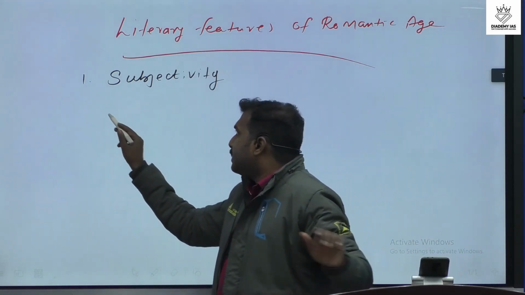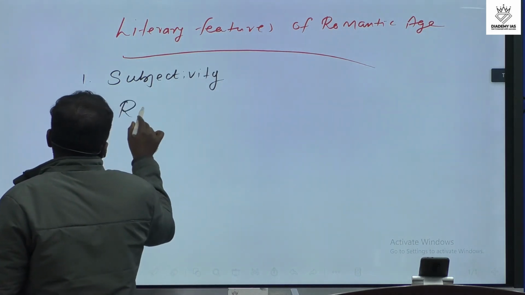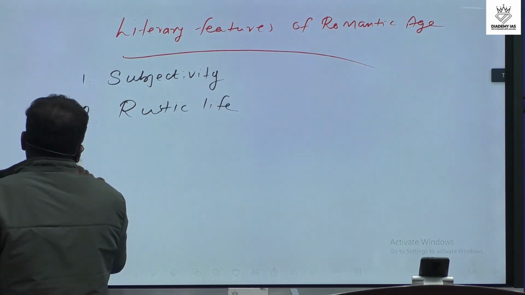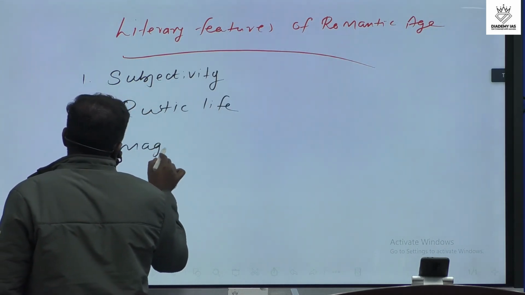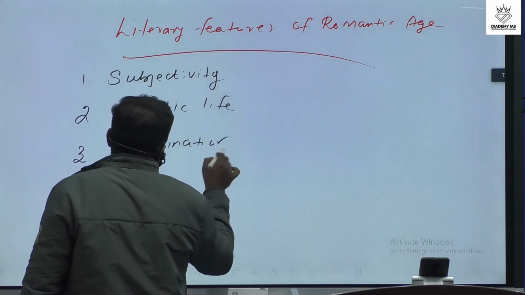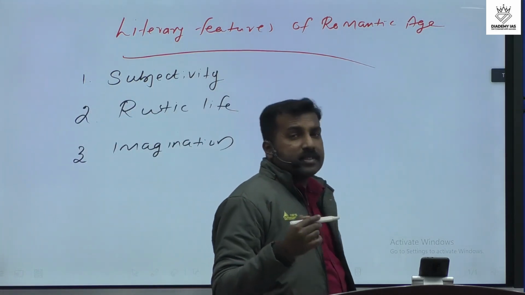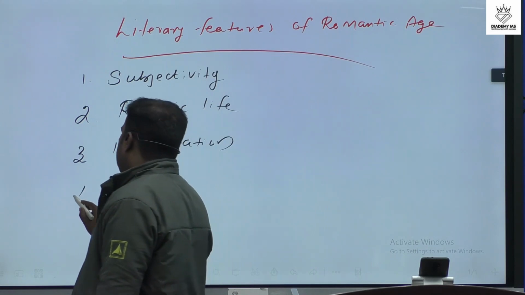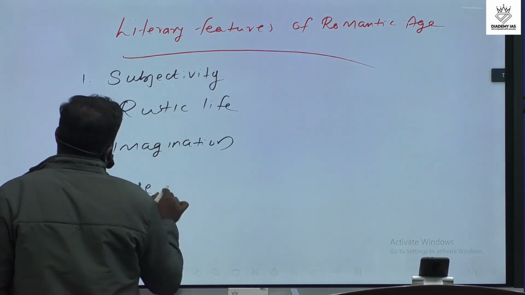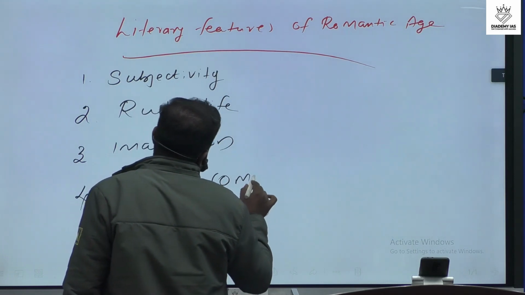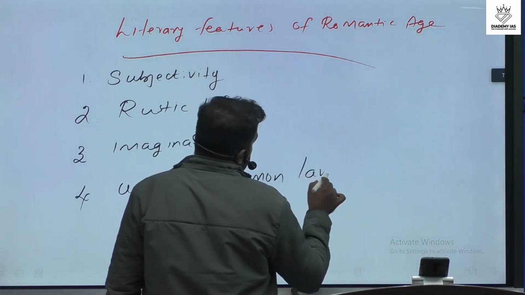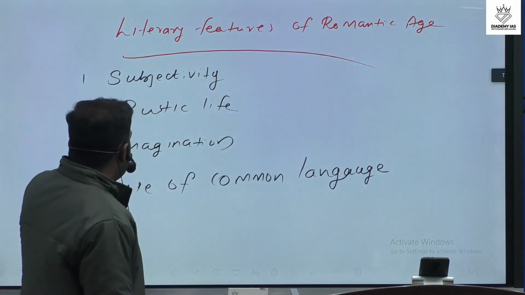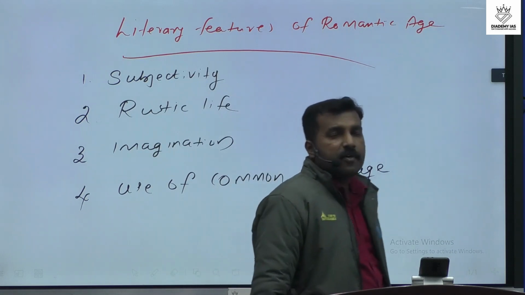Second is rustic life. Third is imagination. And the fourth feature is use of common language. So these are the four different features of the Romantic age.